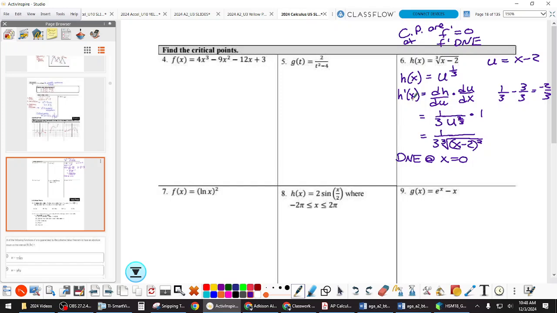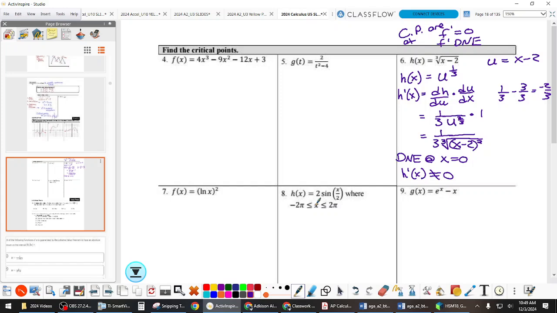It's not 0. And then if we make it negative, it always becomes positive, so it's never going to be 0, right? Okay. Let's just write it this way. h prime of x, there's no places where it's equal to 0. Does that kind of make sense? Yeah. So there's one critical point at x equals 2.